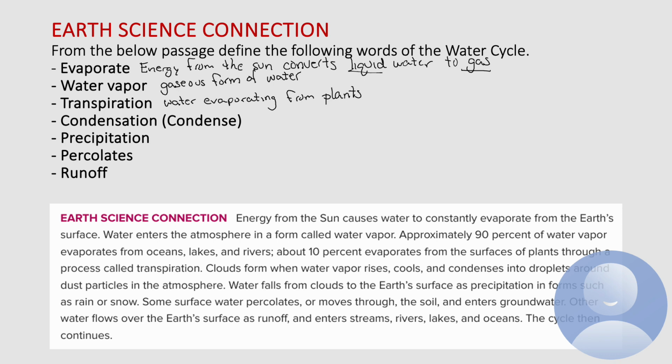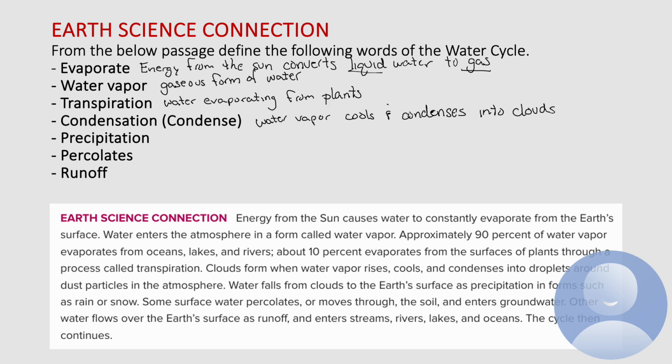All right, so condensation is when water vapor cools and condenses into clouds. So this is how our clouds form from water vapor turning into clouds.